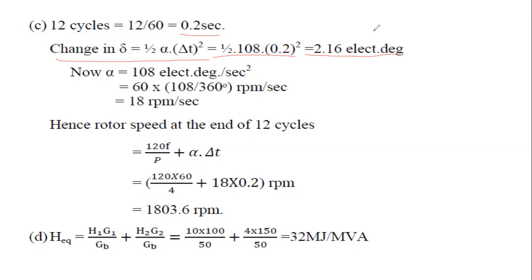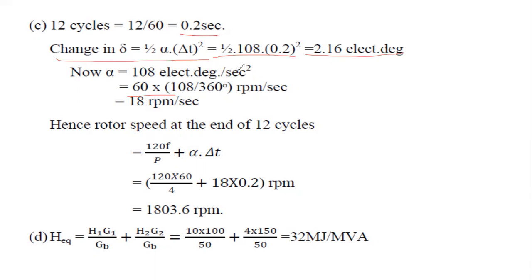Now we calculate alpha in RPM per second. These electrical degrees will be converted into RPM. We are multiplying with 60 by 360 degrees, where 360 is the electrical degrees.